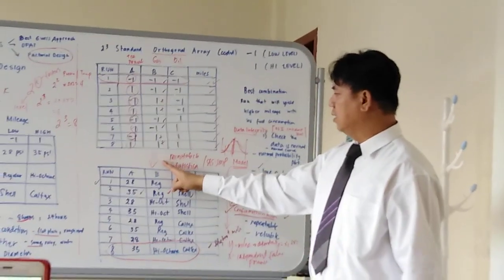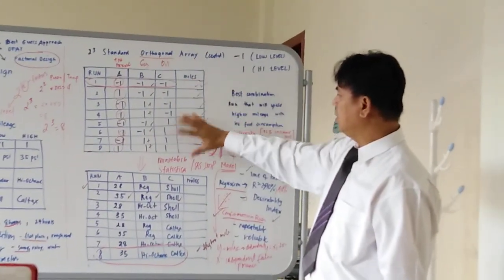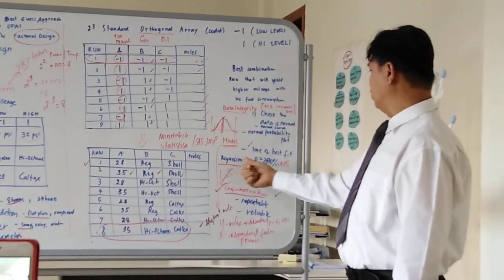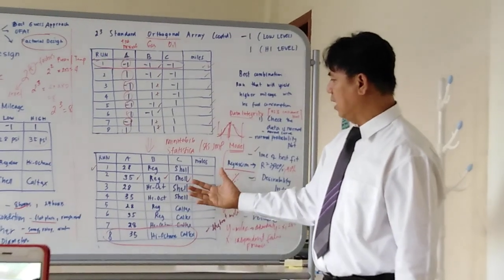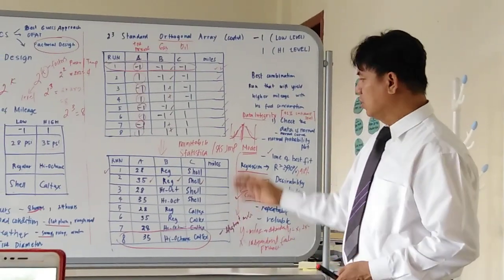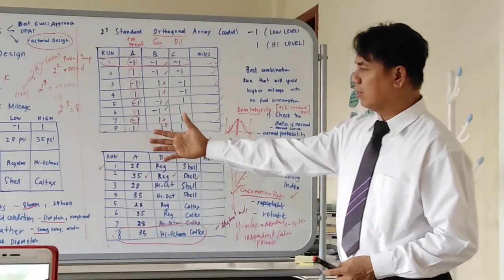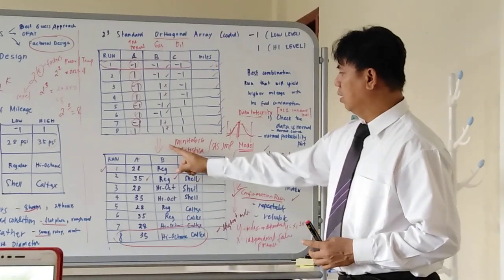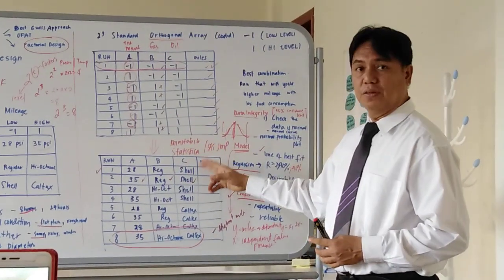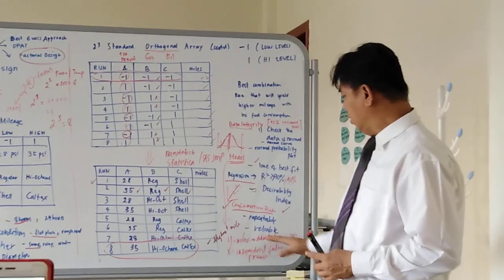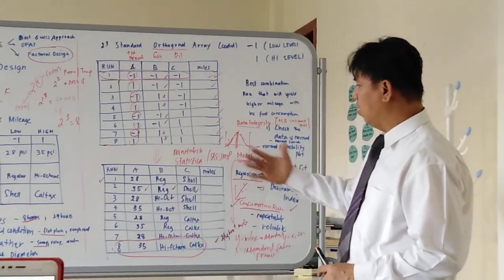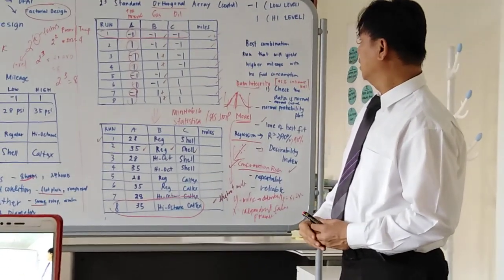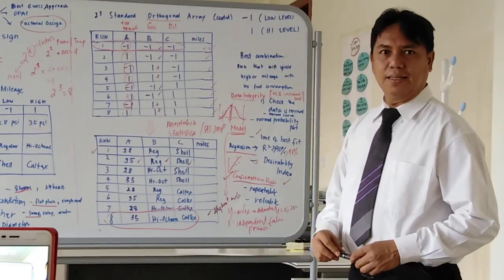All these standard software can be used in the analysis of these experiments, like the normal probability plot, the line of best fit, the coefficient of determination, other tests, and also the interaction, if the factors are interacting with each other. These software are very useful, and once you do the modeling, they will give you all the necessary products after you get the actual data. So I think that's all for now, and thank you very much.